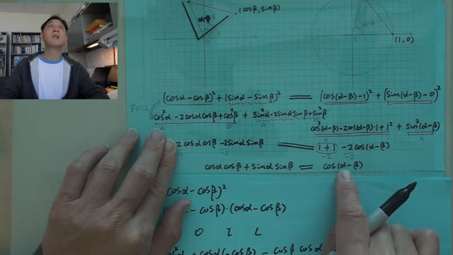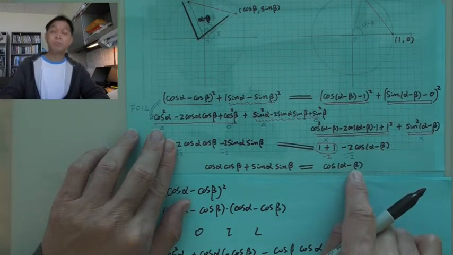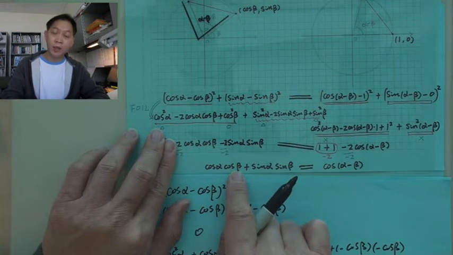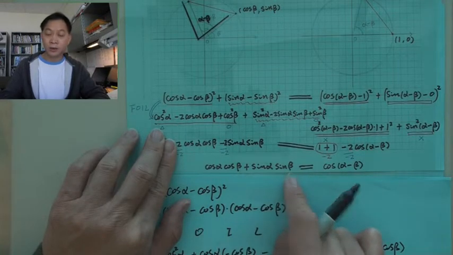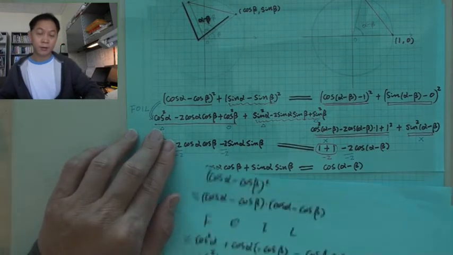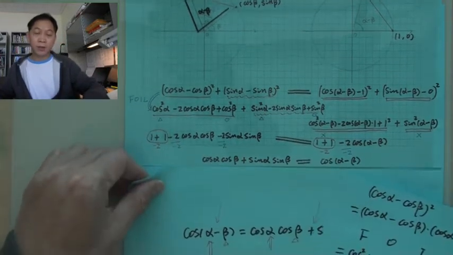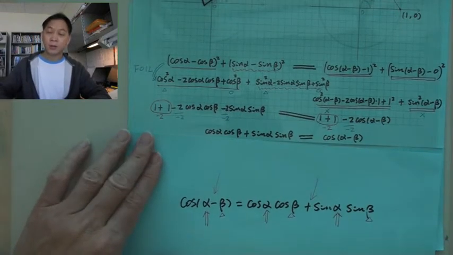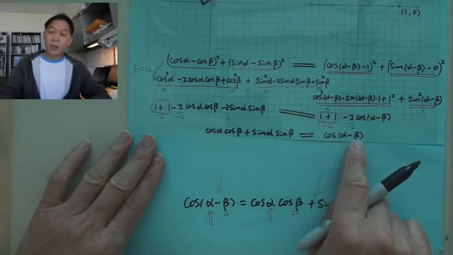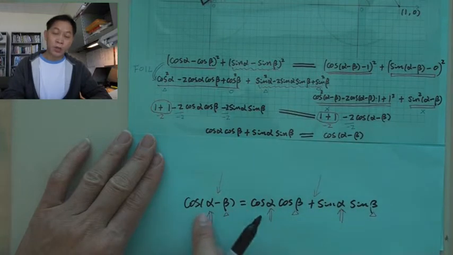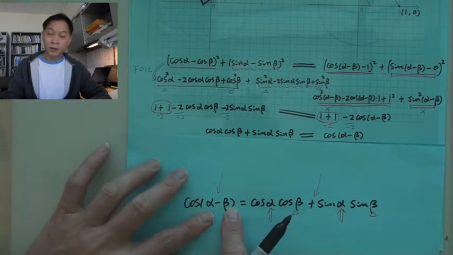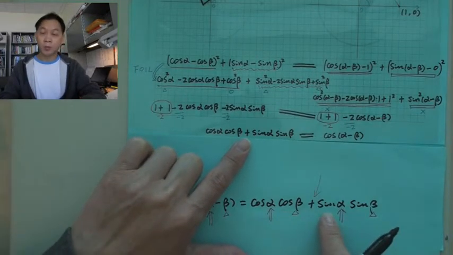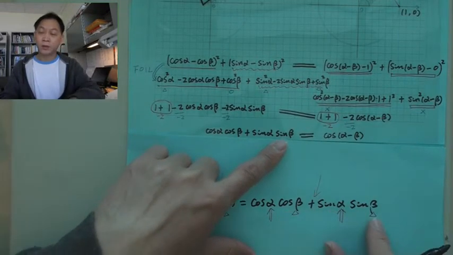That's cosine alpha minus beta equals cosine alpha cosine beta plus sine alpha sine beta. Okay? So that's exactly this formula I was talking about. Cosine alpha minus beta is cosine alpha cosine beta, and then plus sine alpha sine beta.